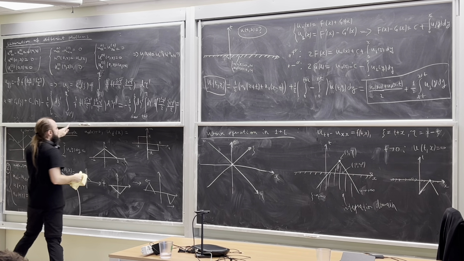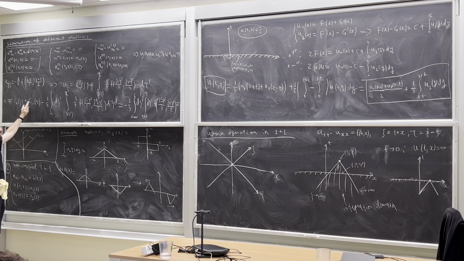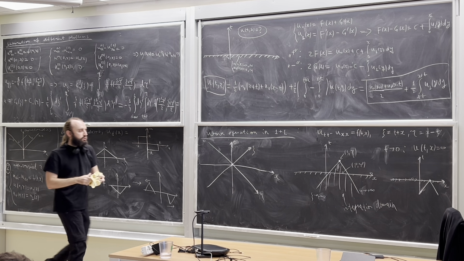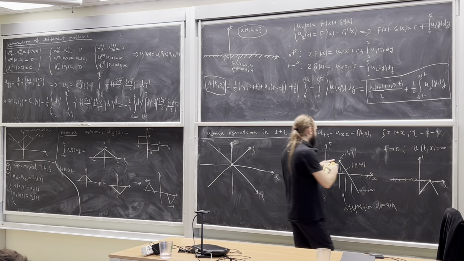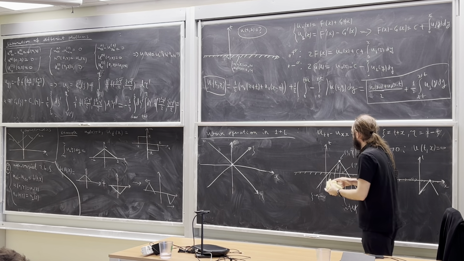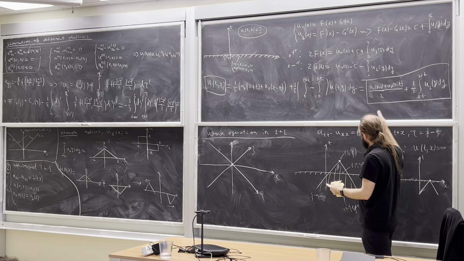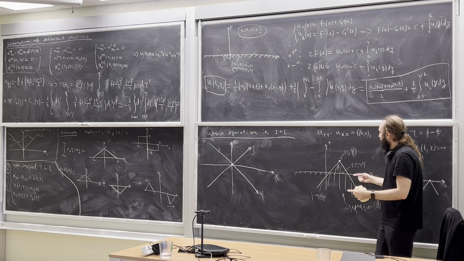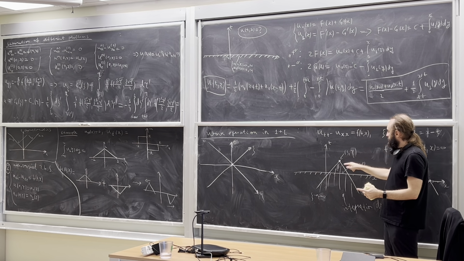Because if we choose the integration domain in this way, if we integrate from minus infinity to psi, not from plus infinity, then when we send t to 0, we simply have nothing to integrate, and this function will vanish.